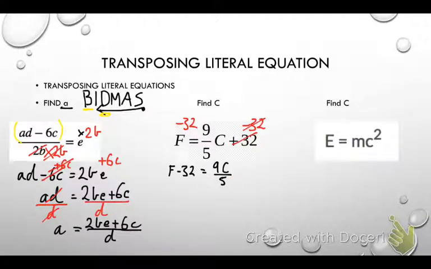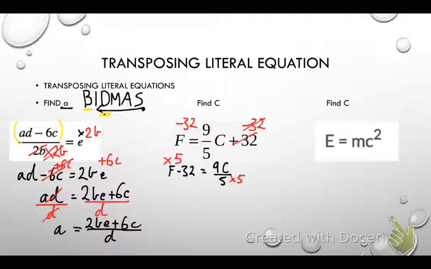Sorry about a little pause there, I lost connection with my internet, so hopefully I'm not repeating. So 9C, that's not like it's in brackets, so we're going to get rid of the 5 first. The opposite of dividing by 5 is multiplying by 5. So we're going to multiply both sides by 5.